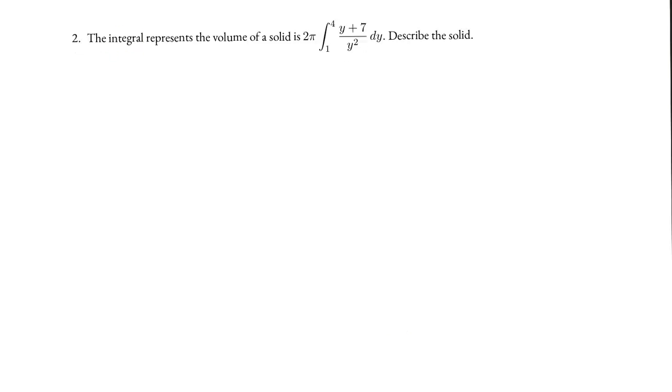The integral represents the volume of a solid. 2 pi times the integral from 1 to 4 of y plus 7 over y squared dy. Describe the solid. We note that this integral for the volume starts with 2 pi, so we assume that the shell method would be used. The shell method is 2 pi, the integral of the radius times the height times the thickness.